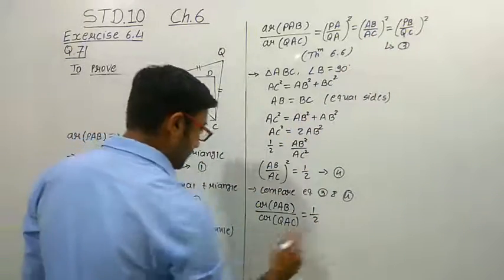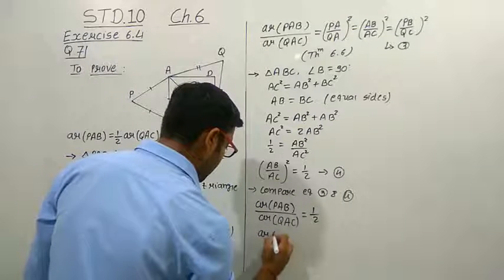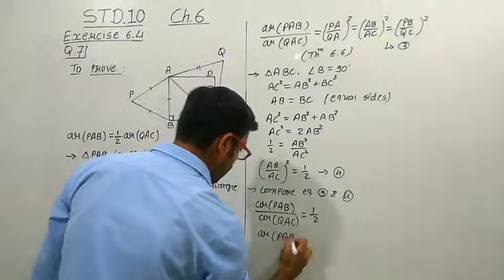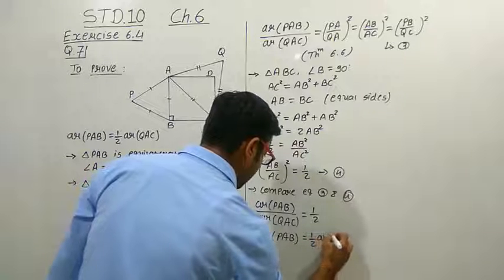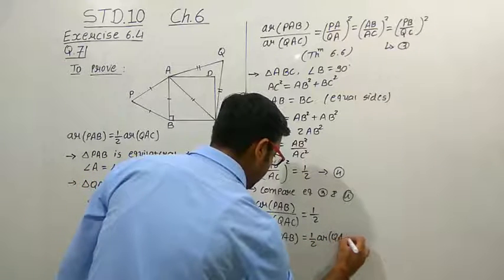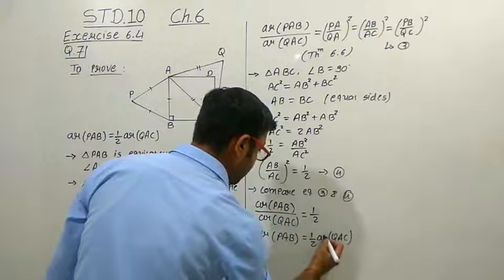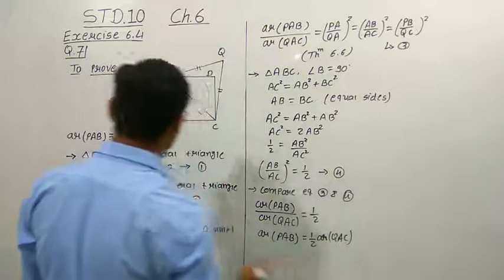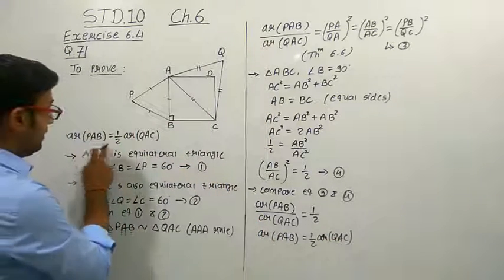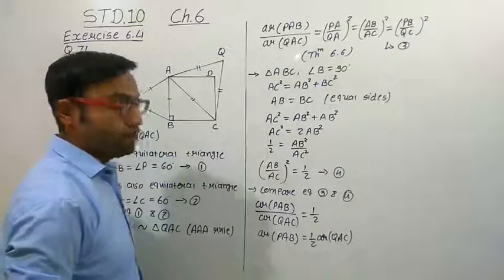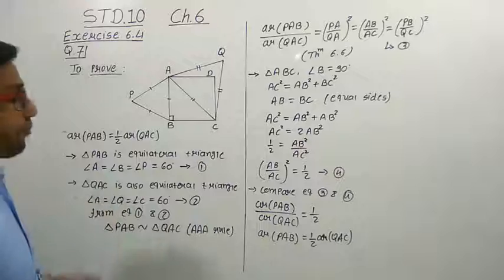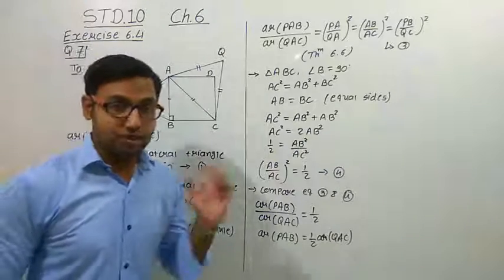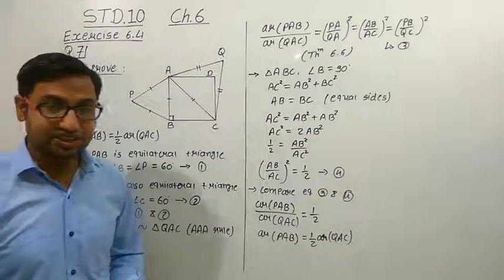So by taking to the right hand side, we get area of PAB is equal to 1/2 area of QAC, right? And this is what we have to prove, that area of PAB is equal to half the area of QAC. So this is how we can solve this type of question. Okay, so this is all about this lecture. Thank you.